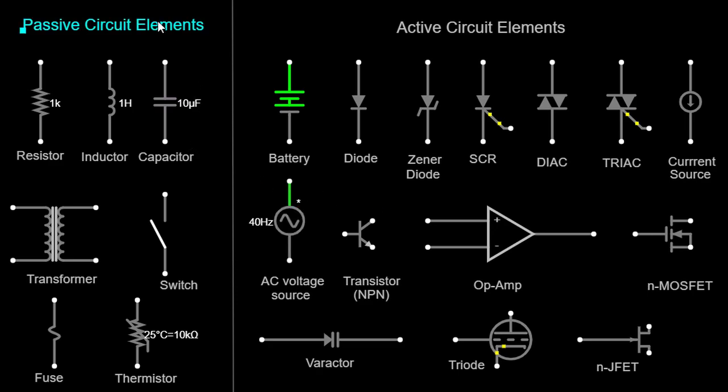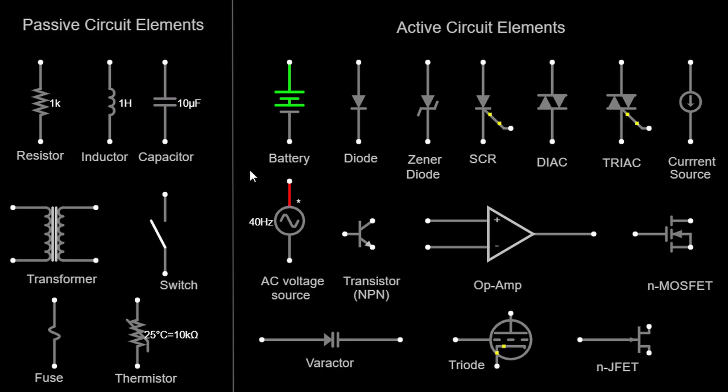Welcome to our video on passive circuit elements and active circuit elements. In this video, we will explore the fundamental components that make up electronic circuits and their roles in shaping the flow of electricity. We will delve into the world of passive circuit elements, such as resistors, inductors, capacitors, transformers, switches, fuses, and thermistors.